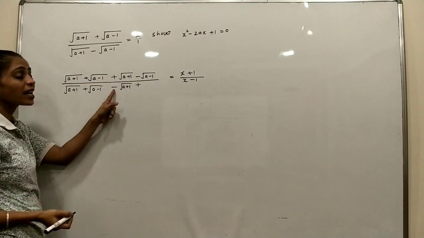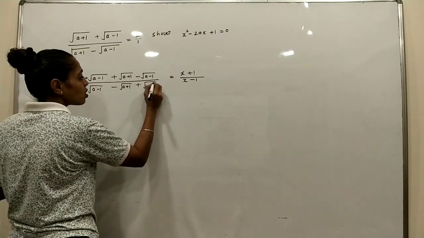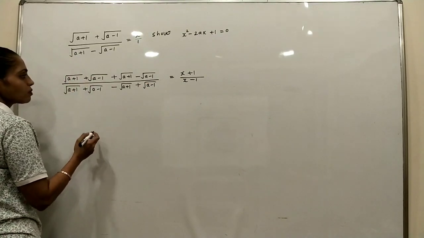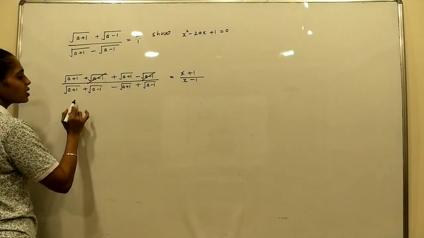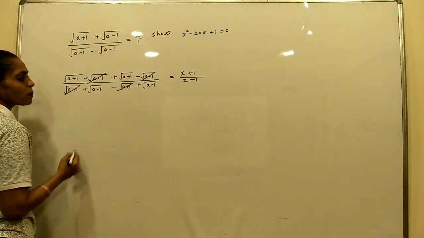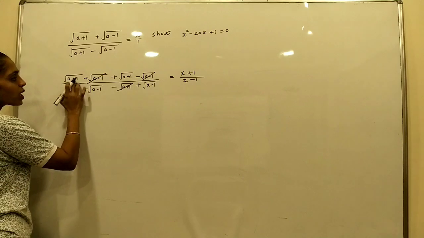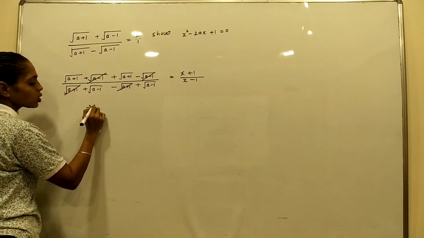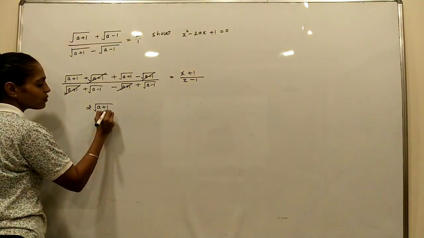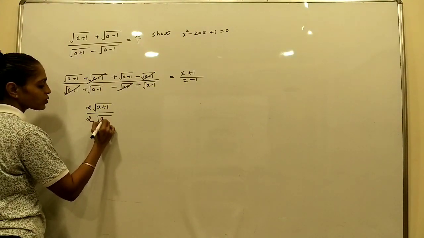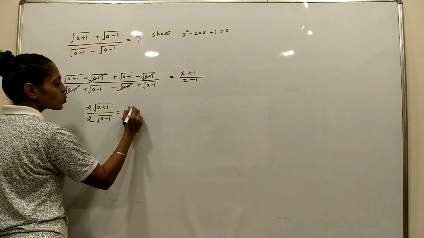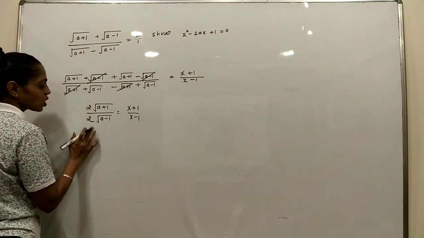Change sign because the negative is root of (a - 1). Now root of (a - 1) and root of (a - 1) cancel, with plus and minus. Then 2 times root of (a + 1) is left in the numerator and 2 times root of (a - 1) in the denominator, that is (x + 1) and (x - 1). 2 cancels.